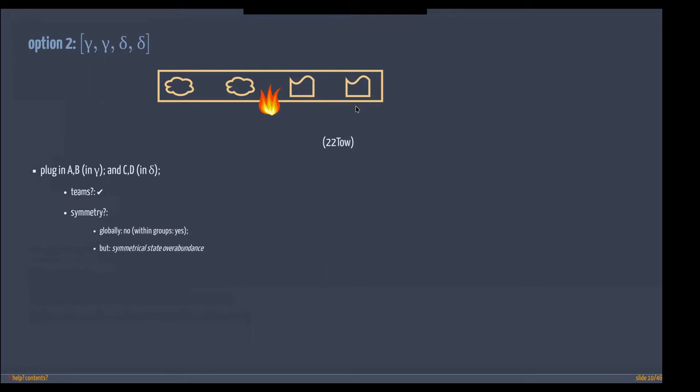But we get again a state of two teams of two players playing against each other when we flip them and we plug in A and B into the delta position and C and D into the gamma position. So we get two states of two teams of two playing against each other where we expect only one. So this is the second problem. Two problems in this case.